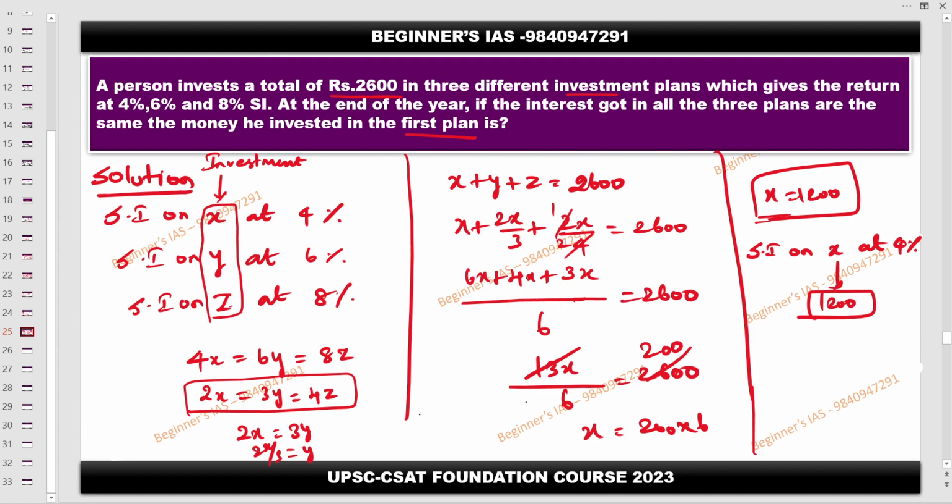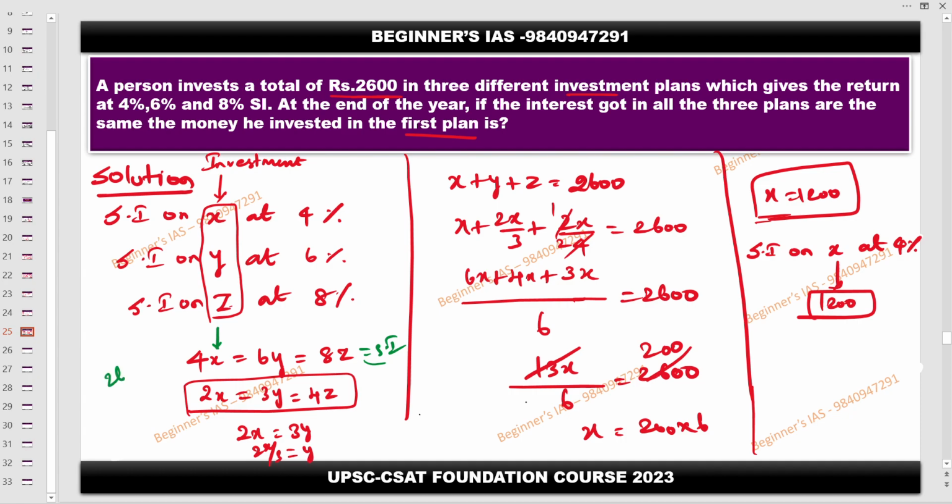Listen. Simple interest on X rupees at 4%. Simple interest on Y rupees at 6%. Simple interest on Z rupees at 8%. This much investment at this much percentage, you are getting some simple interest.